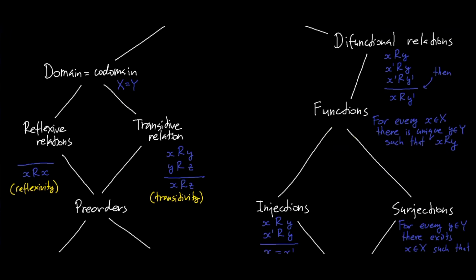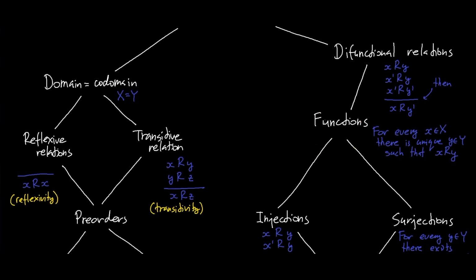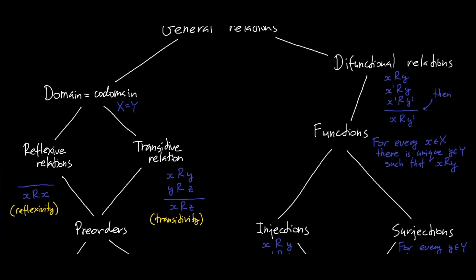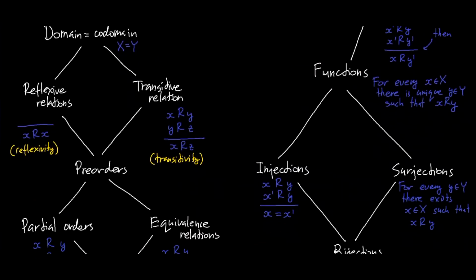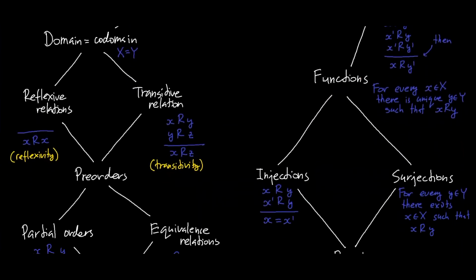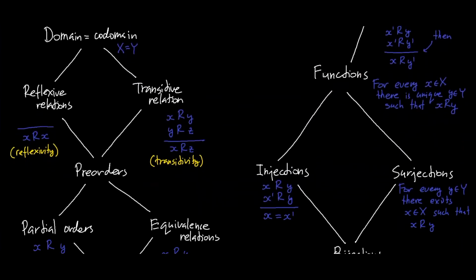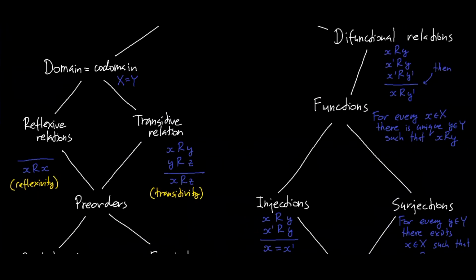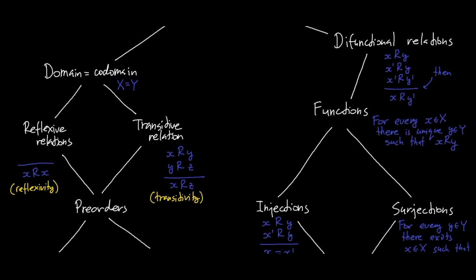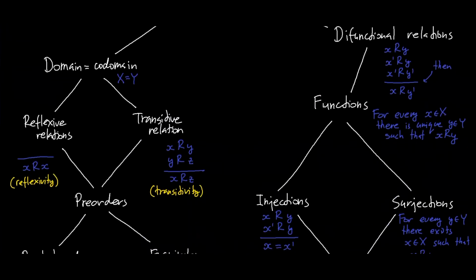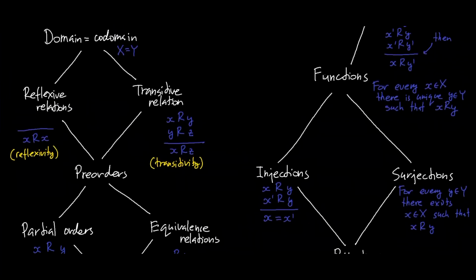And in fact, for reflexive relations, not just transitive and difunctional, also symmetric relations are the same as transitive and difunctional ones. Sorry, what I want to say is that for a reflexive relation, every difunctional relation is both transitive and symmetric. And so it becomes an equivalence relation.